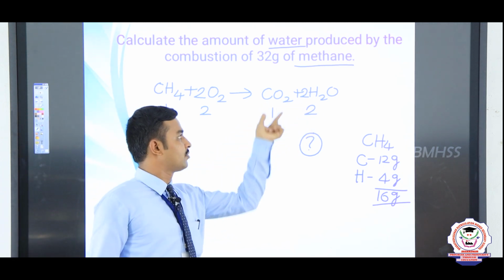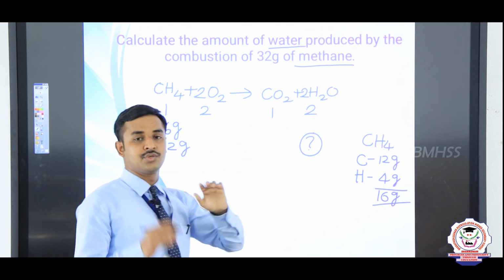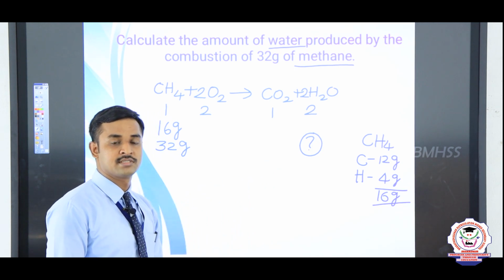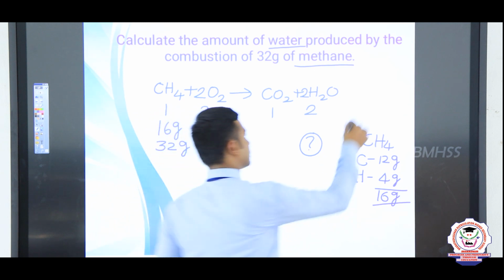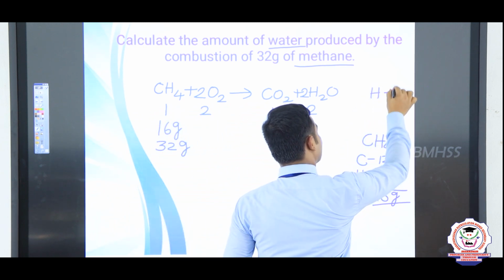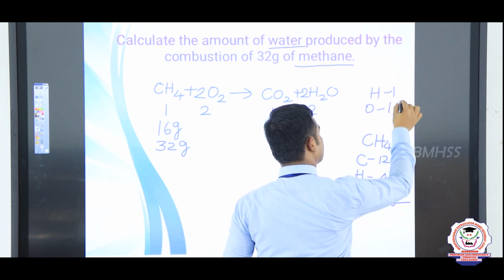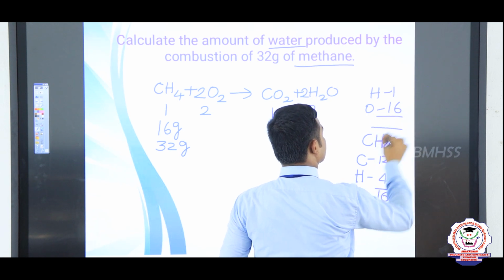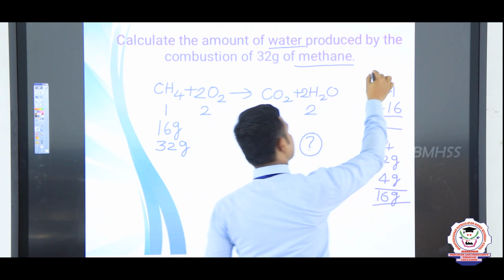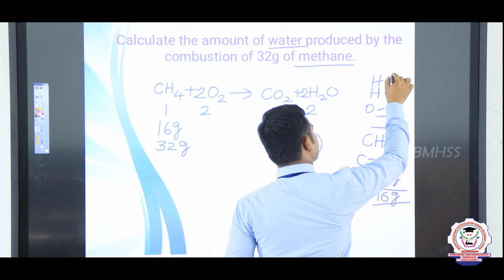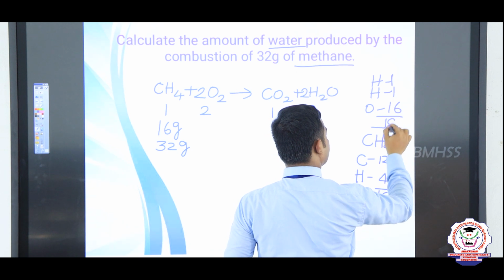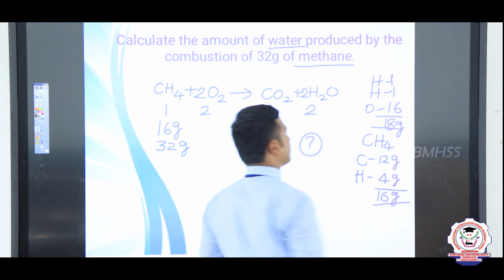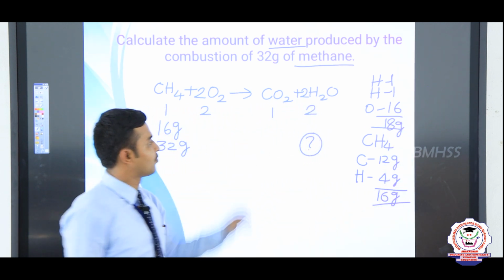Now, find the molar mass of water. You already know that water is made up of hydrogen and oxygen. Hydrogen has weight 1, oxygen has weight 16, and we have 2 hydrogens. So, 16 plus 1 plus 1, 18 grams is the molar mass of water.